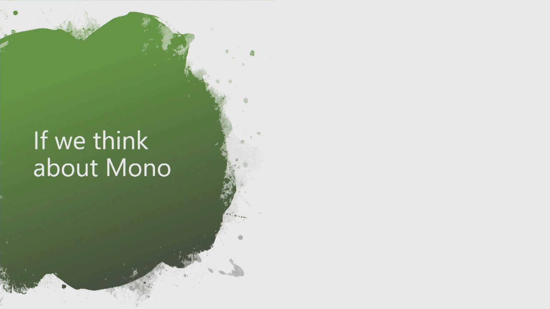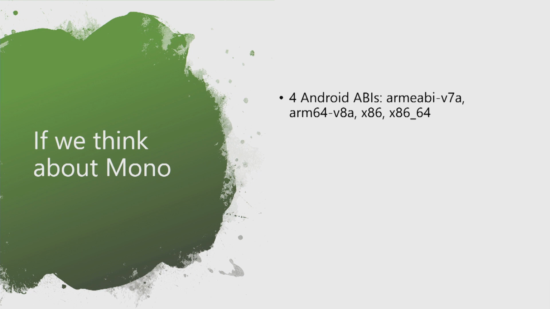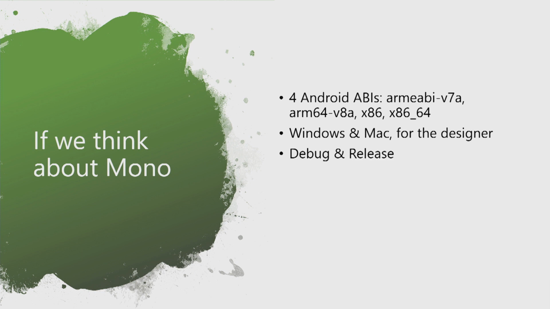I'll get into that. So if we think about Mono, we're going to have to build Mono, and it's going to target all these different Android devices. And we also need to build Mono for Windows and Mac, which sounds strange, but the Android designer actually runs Mono inside of it.